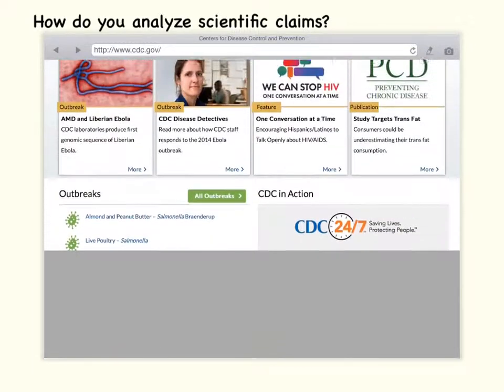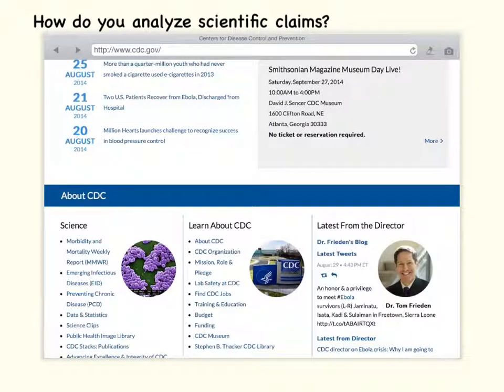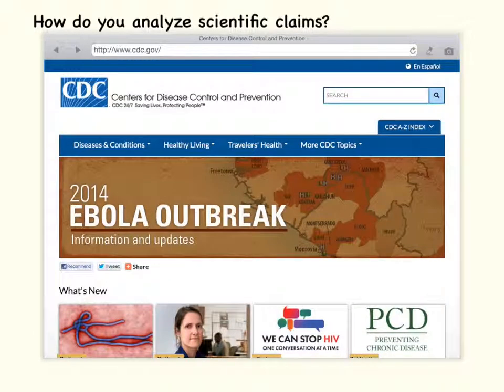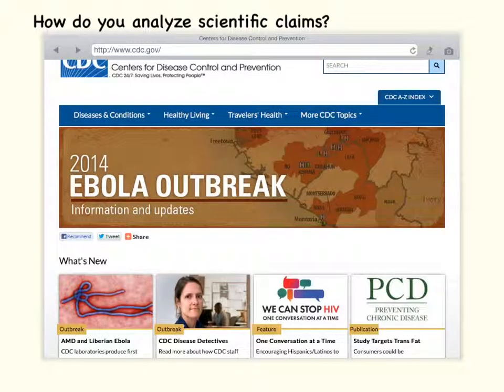Because it's a government agency, can we trust it? Because the people have certain training and education, should we believe them? What sort of reasoning should we use in order to make decisions about the information we would find on this website?